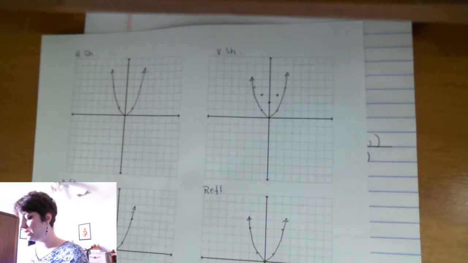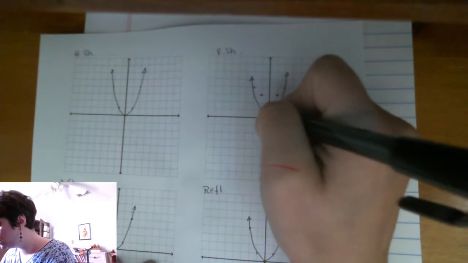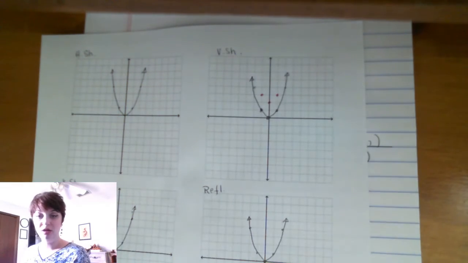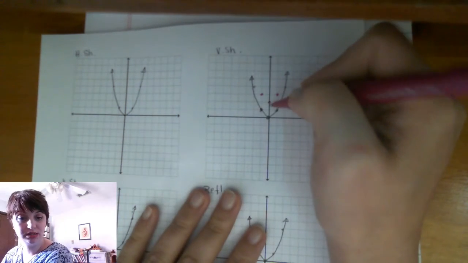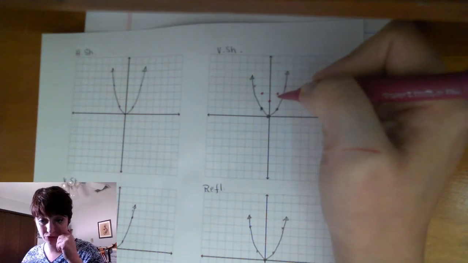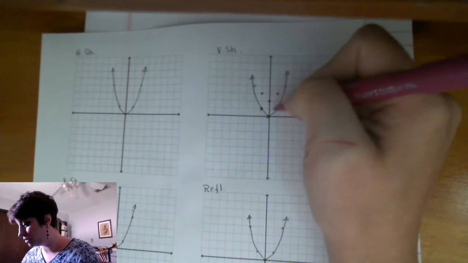So what's happened is, if I started with these 3 points, how are they different after this transformation? Well, the pink points are just the black points, but moved up exactly 2, right?